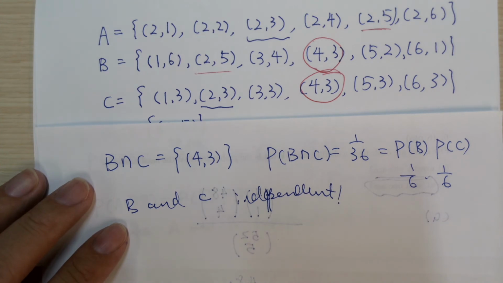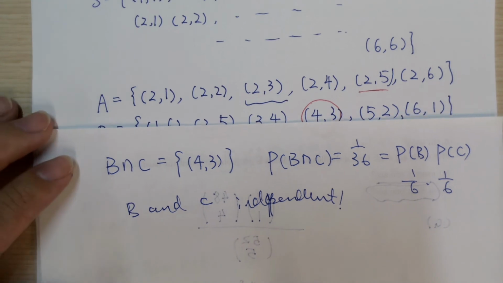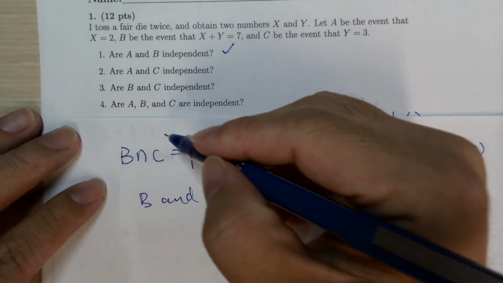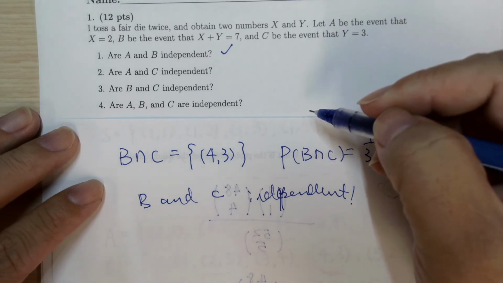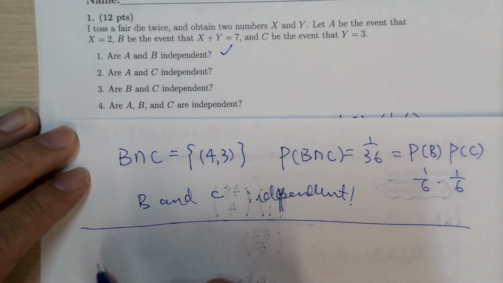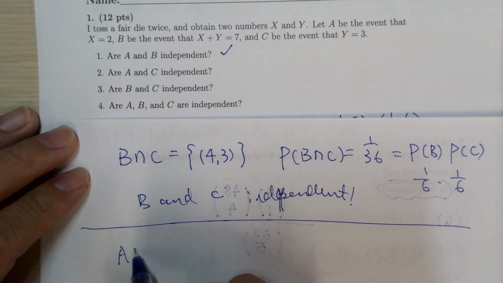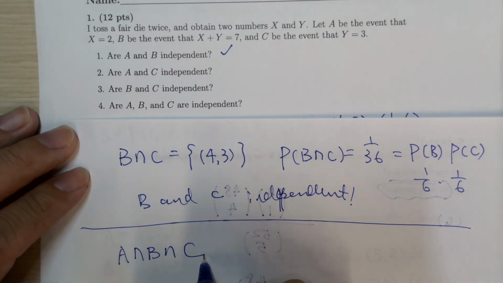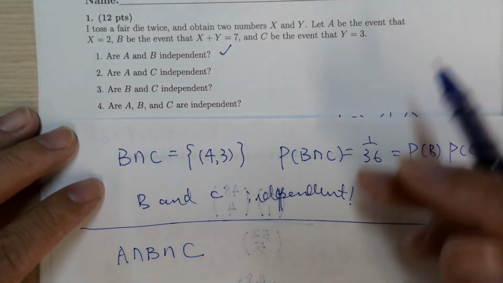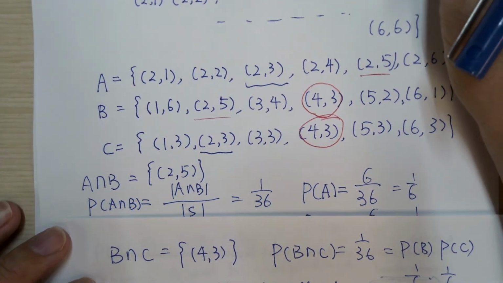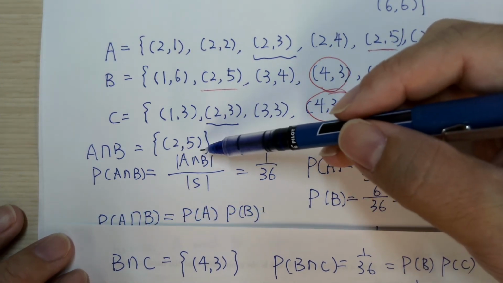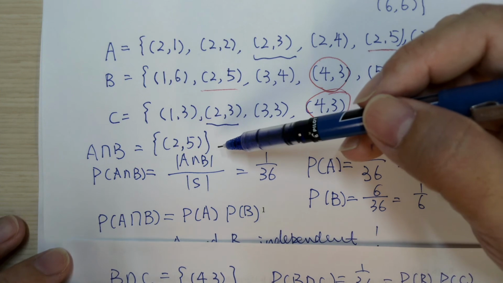Lastly, how do we check? Go back to here. Are A, B, and C independent? This is the last part. How do we check that? Well, we need to first realize what A intersect B intersect C is. As you can see, A intersect B here is 2,5.